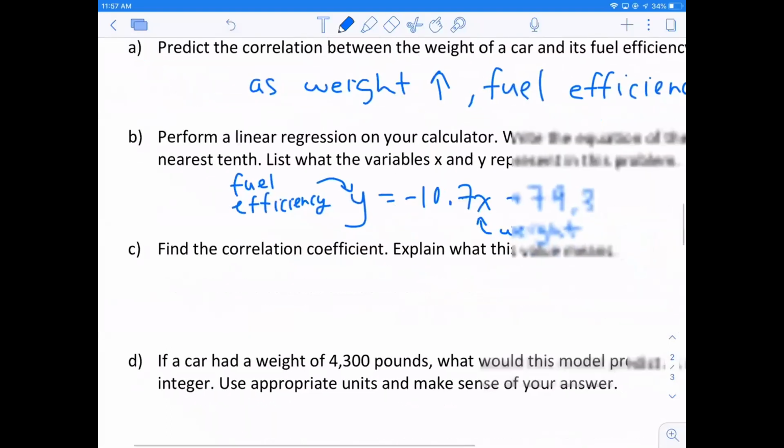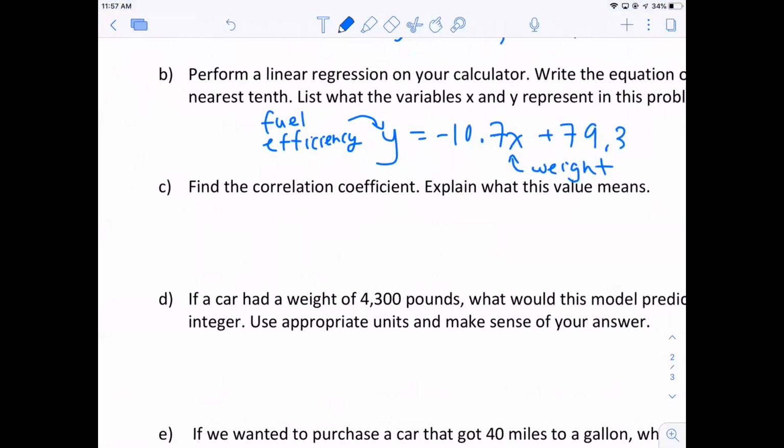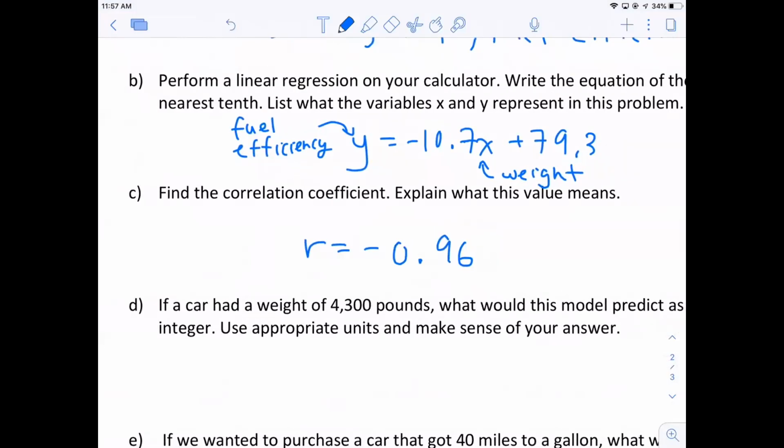Find a correlation coefficient and explain what this value means. I don't want to switch back to my calculator, it takes a bunch of time, but it's that R value. That R value over there was negative 0.962095. So just round it.